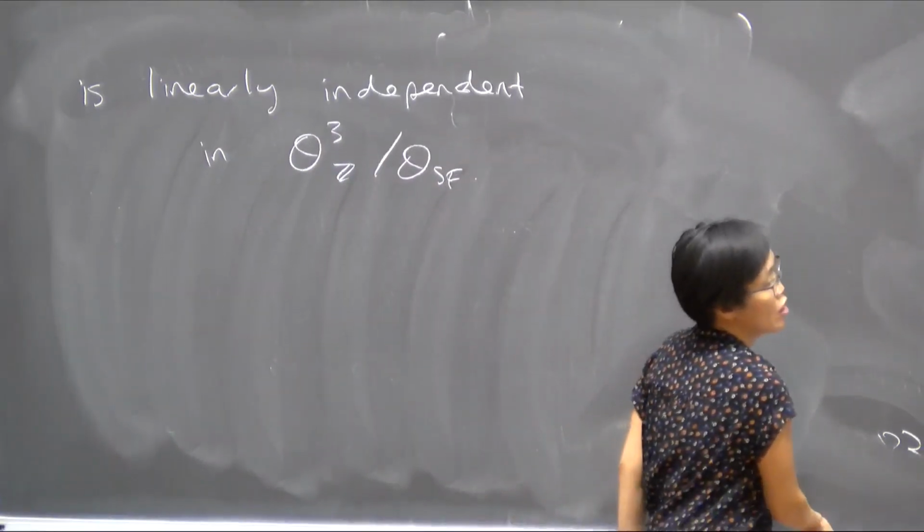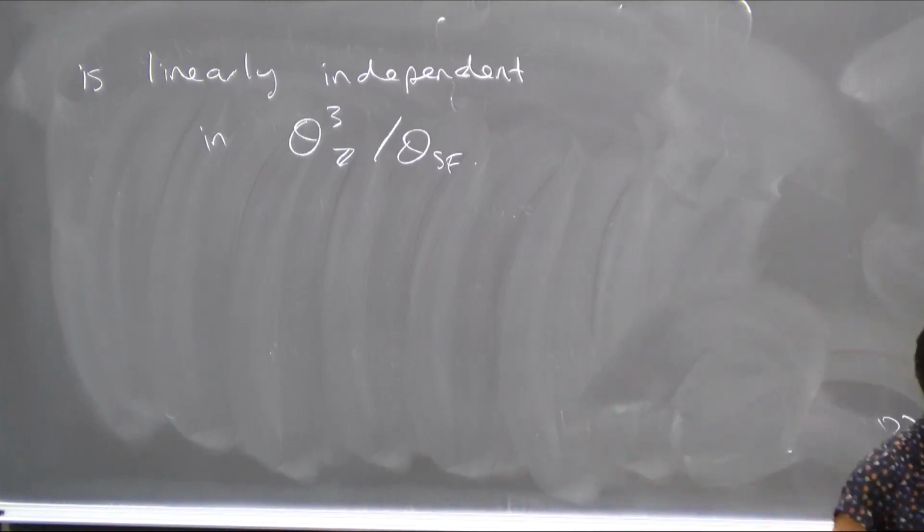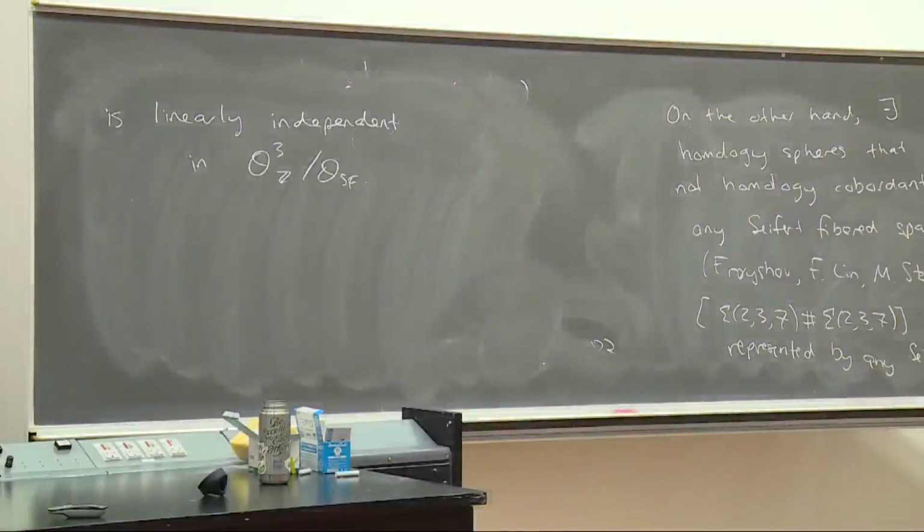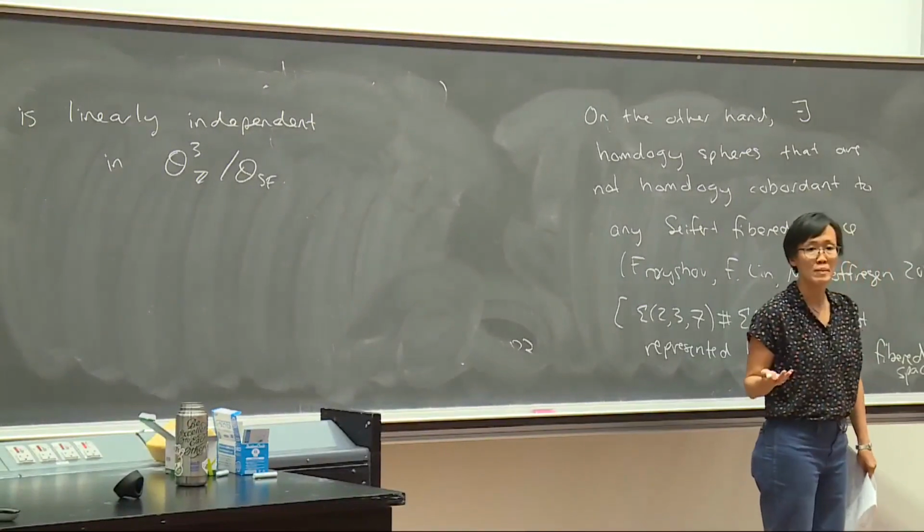All right, so those are the two main results I wanted to tell you about today, that the homology cobordism group has this Z-infinity direct summand, and that it's not generated by Seifert fibered spaces.